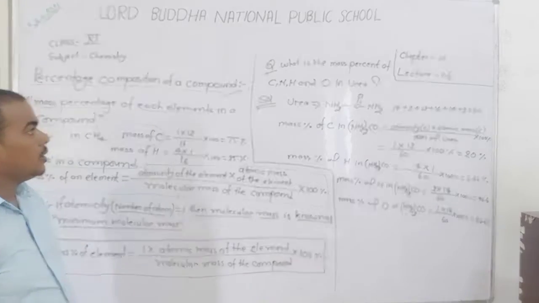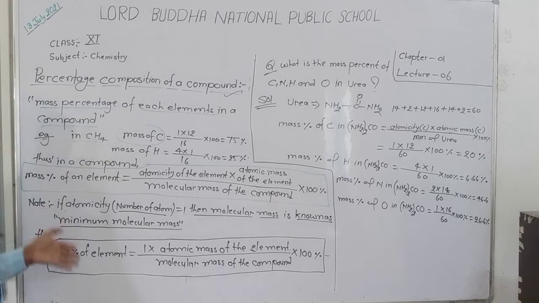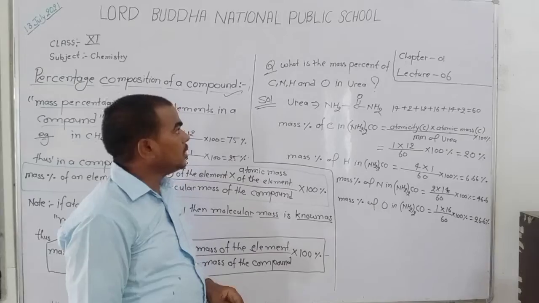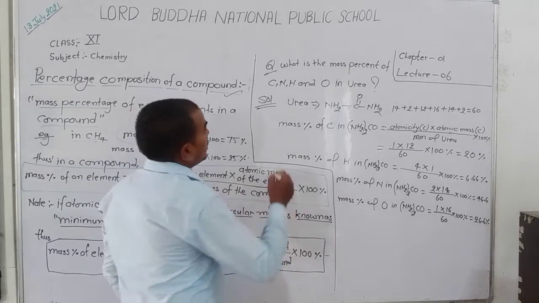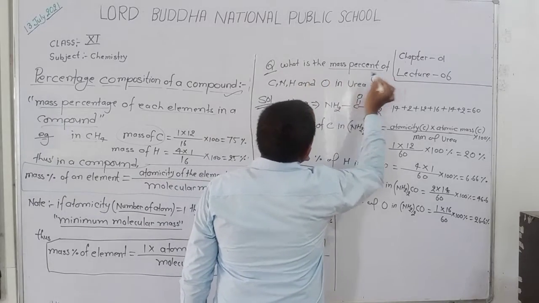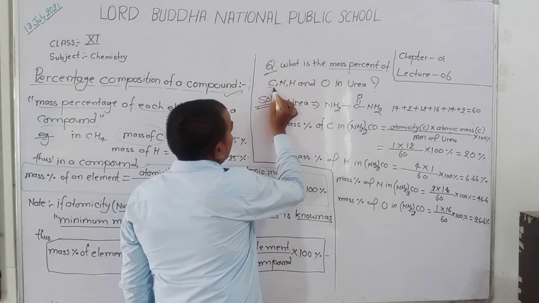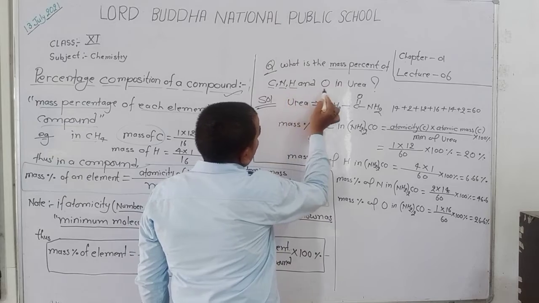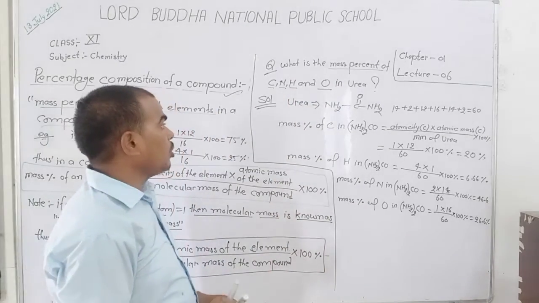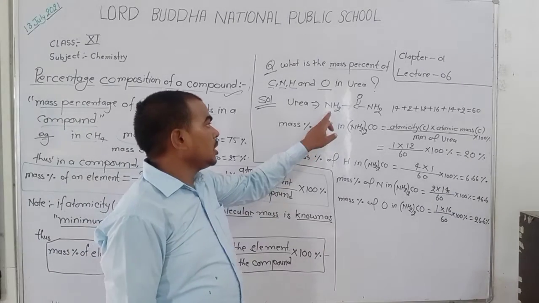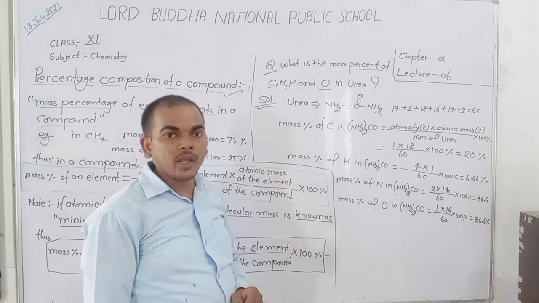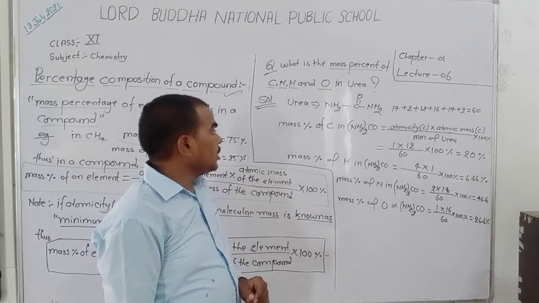Dear student, we will understand this formula by using an example. A question is given: what is the mass percentage of carbon, nitrogen, hydrogen and oxygen in urea? The formula of urea is NH2CONH2.